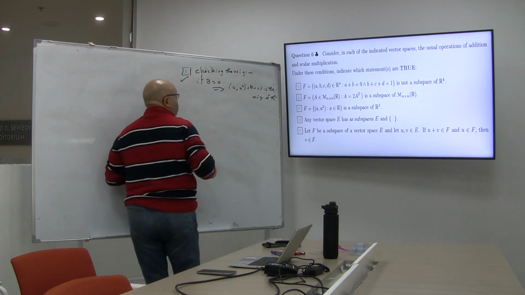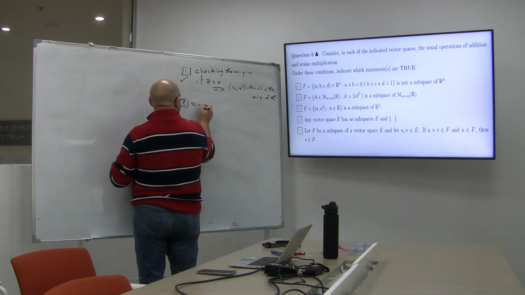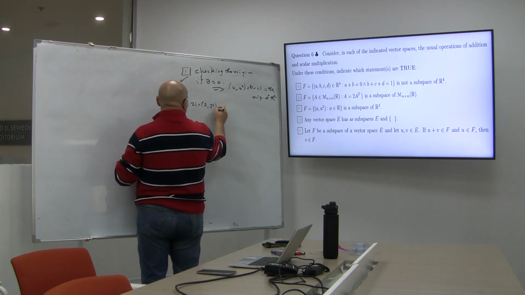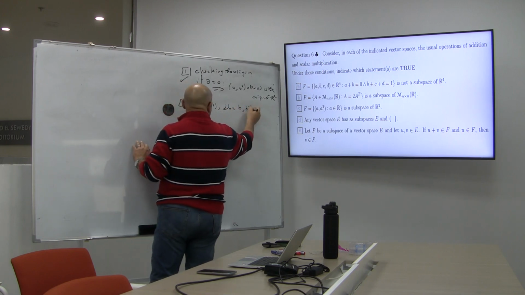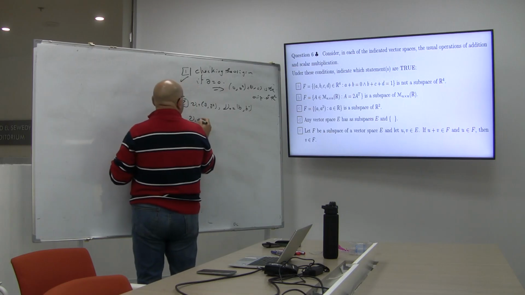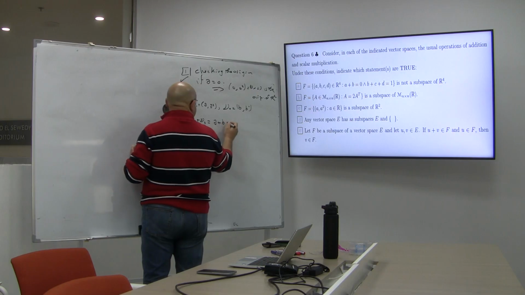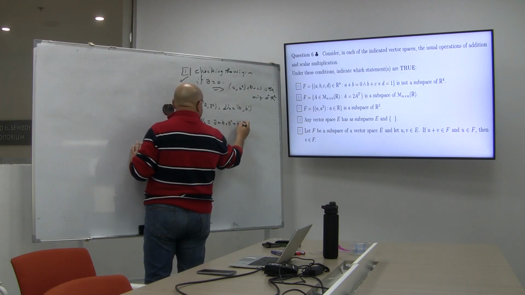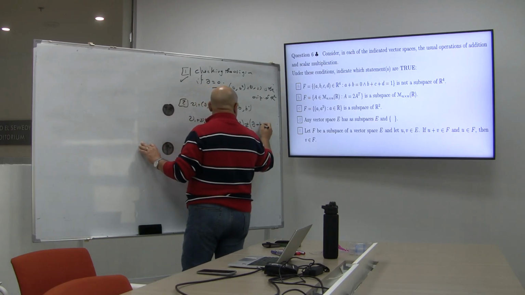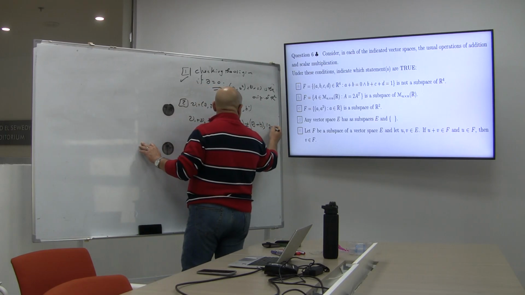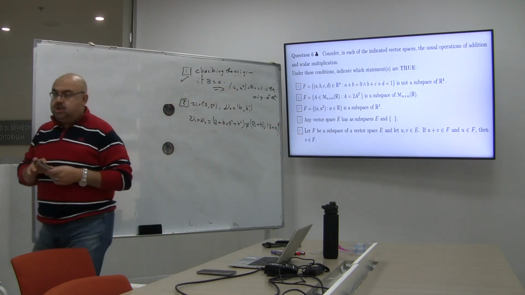So first is okay. The second part, if I have two vectors, V1, let's say A and A squared, and V2, which is B and B squared, if you try to get V1 plus V2, the result will be A plus B, and A squared plus B squared, which doesn't equal A plus B to the power of 2. That's the definition of the addition closure.